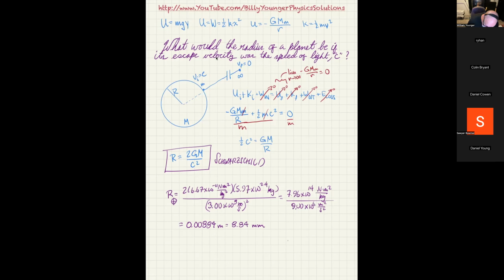So I'll just write that down here. V escape is equal to the square root of 2GM over r, where r is the radius of the planet. So that should actually give it to you as well. But that's another thing you can do with conservation of energy. Anybody have any questions on that?